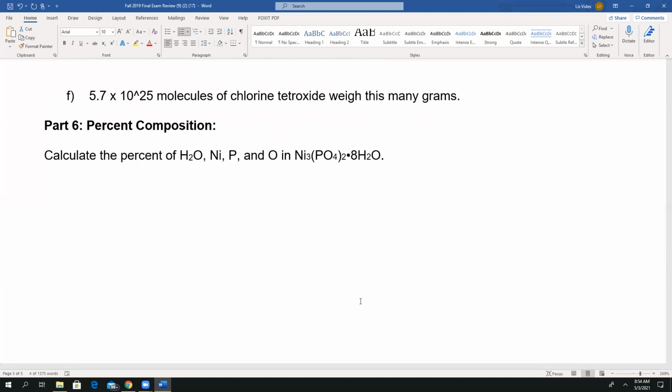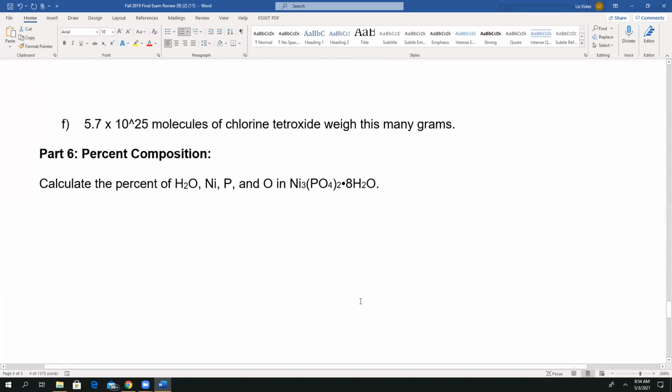Okay, once again, molar mass. Gotta do that big old molar mass. So first thing is we have 3 nickels times what? 58.69.